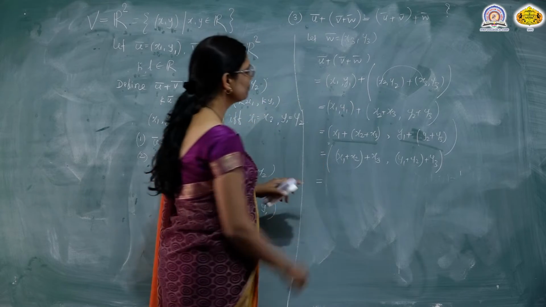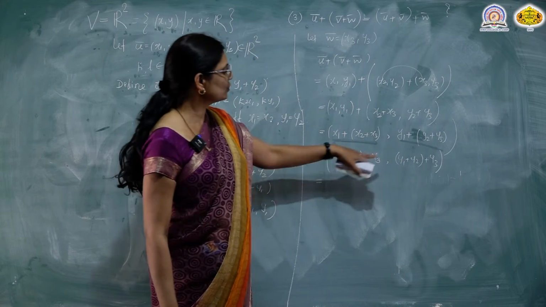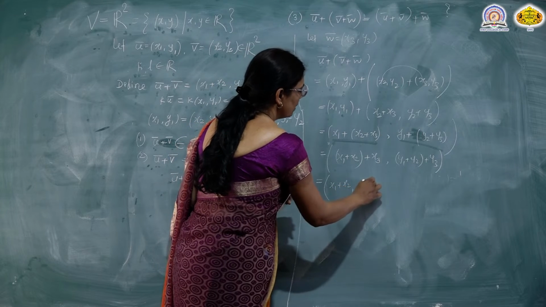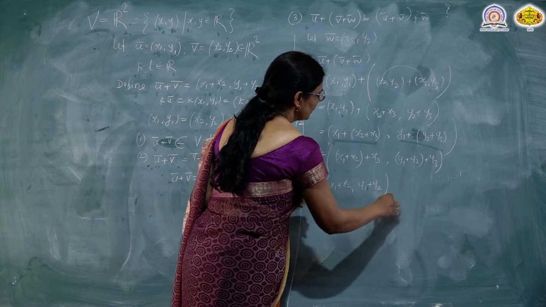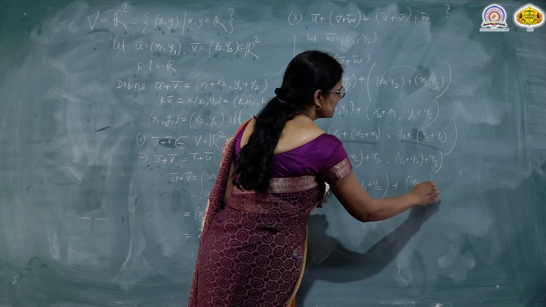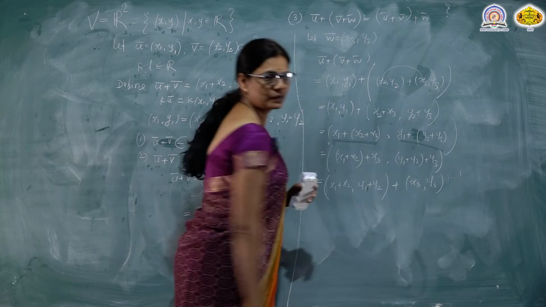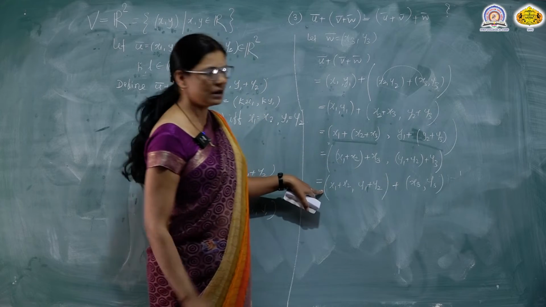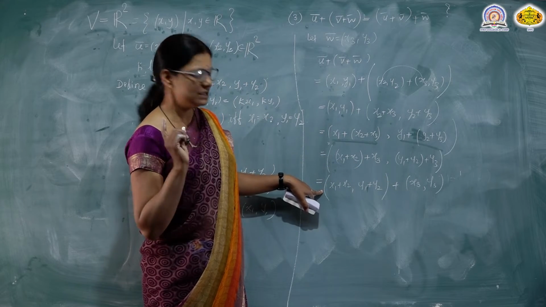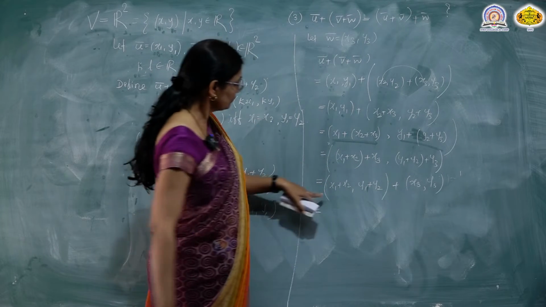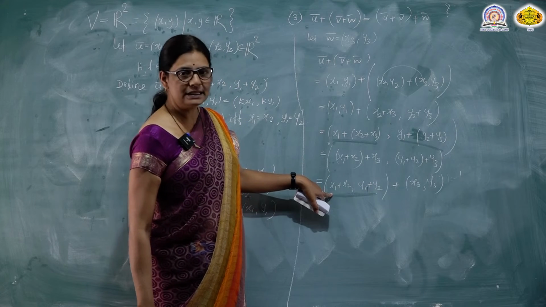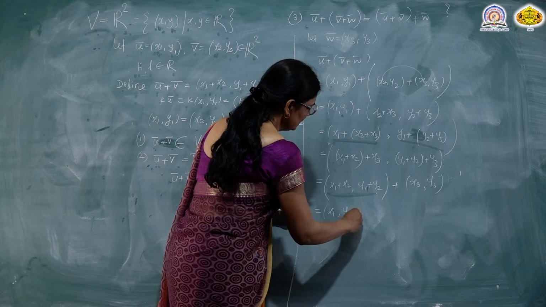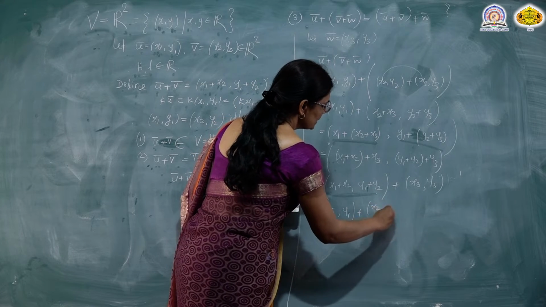So this is same as, again split this vector as an addition of two vectors. The first vector is x1 plus x2 comma y1 plus y2 and the second vector is x3 comma y3. We split this addition as an addition of these two vectors. Again use the addition of U bar plus V bar. So this first vector can be written as addition of two vectors: x1 y1 and x2 y2.